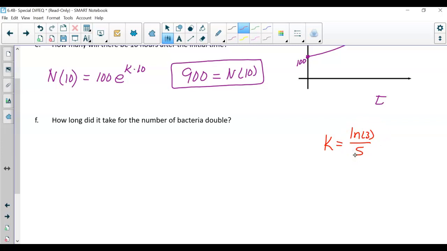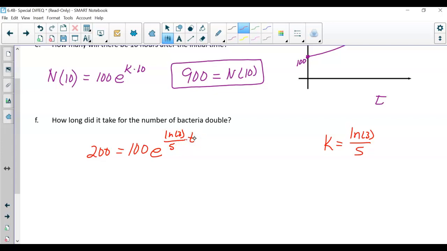If we started with 100 of them and they doubled, there will be 200. There's no calculus involved here. These are just like your pre-calc problems. This is going to be e to the ln of 3 divided by 5 times t. That's what we're solving for.